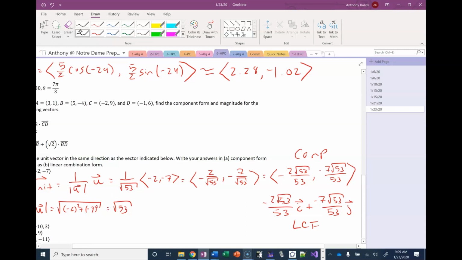Okie doke. So we're going to pick up where we left off in section 8.2.